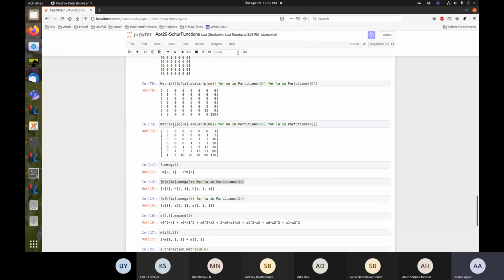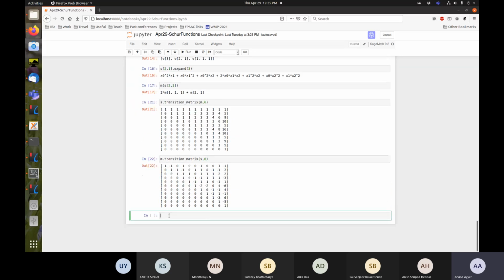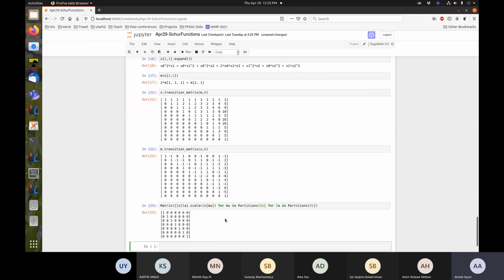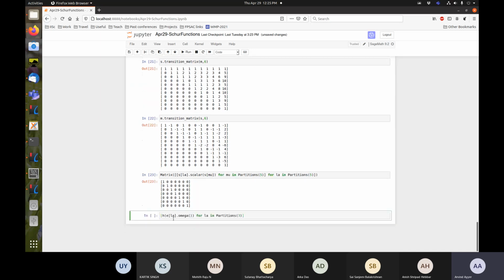Here we showed that the p's are orthogonal but not orthonormal, and here if we do s, if I take the scalar product of s lambda with s mu and I run over all partitions of n, I get the identity matrix. And the other thing I can show you is this action of omega.